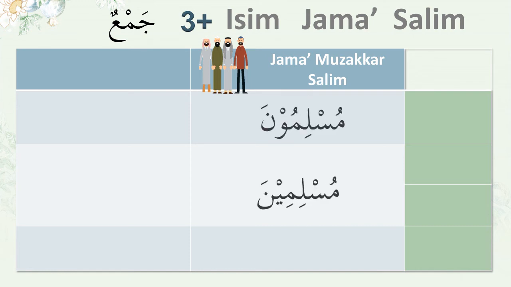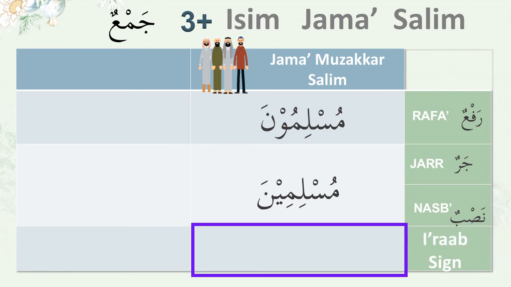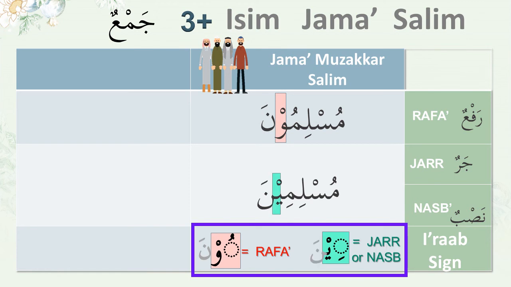Both of the words muslimuna and muslimina mean many Muslim men. Muslimuna is the rafa' form of the word, while muslimina can be nasab or jar. So, the rafa' sign for a jamak muzakkar salim is the letter waw in una, and the nasab or jar sign is the letter ya in ina.